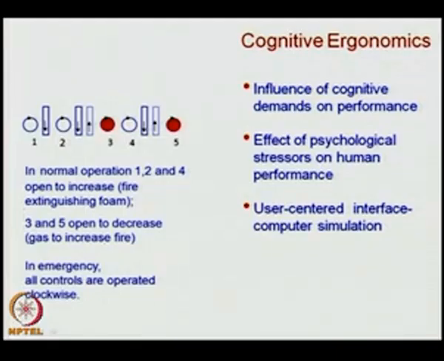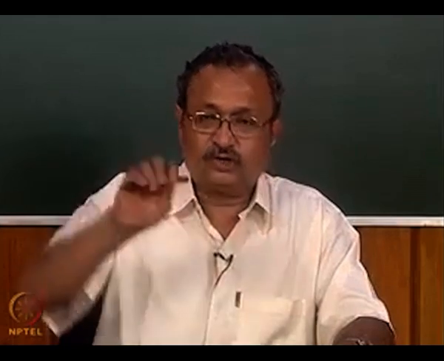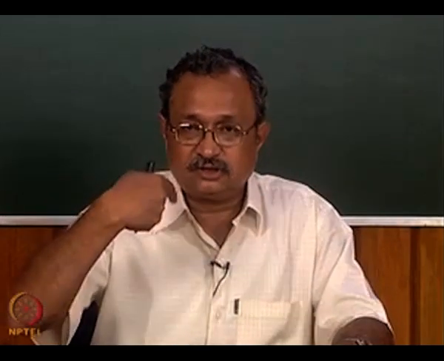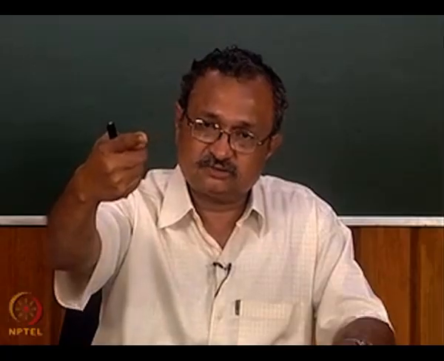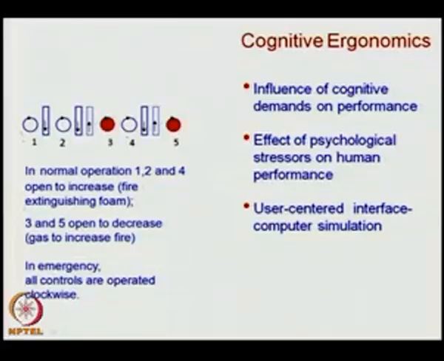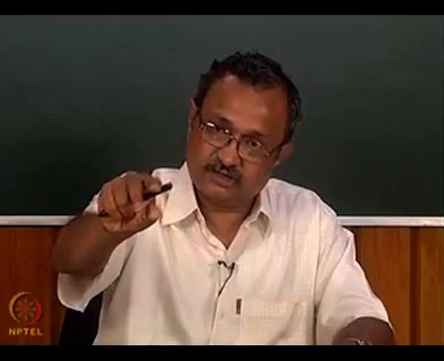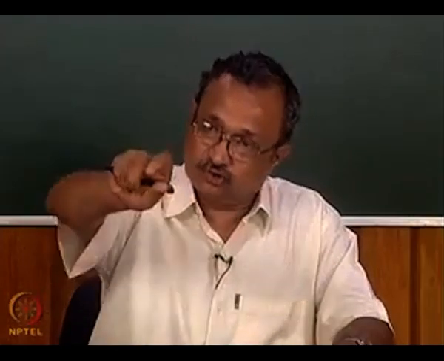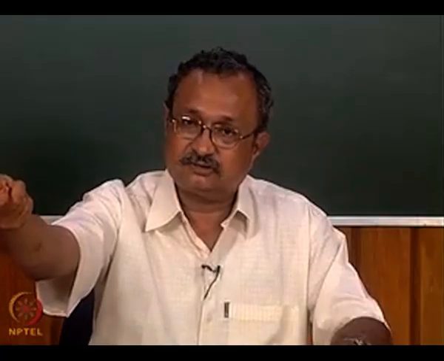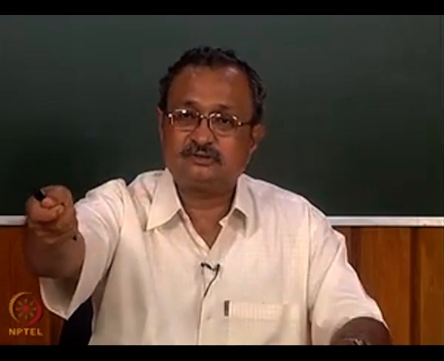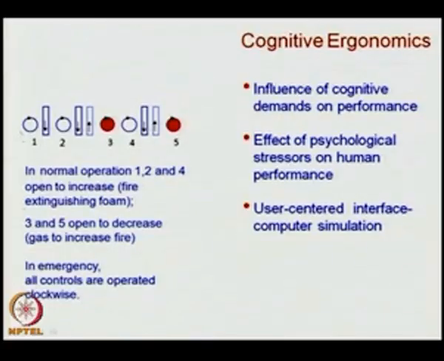Now, here what happens? If we rotate all the switches in a clockwise movement, 1, 2, 4 when you operate, it increases the foam output to extinguish the fire, and 3 and 4, though we are operating in the same direction, reduce the gas.